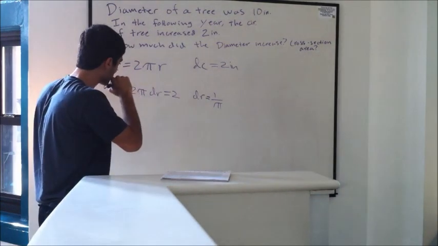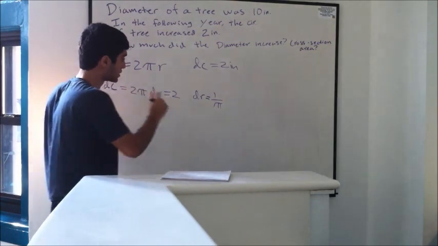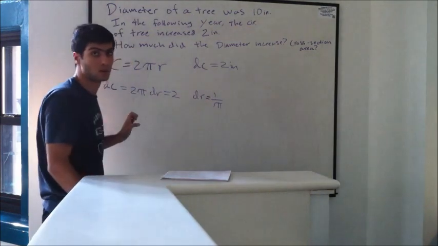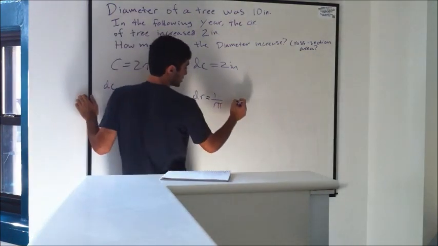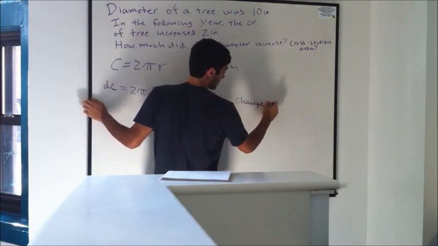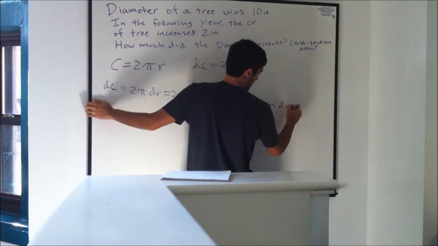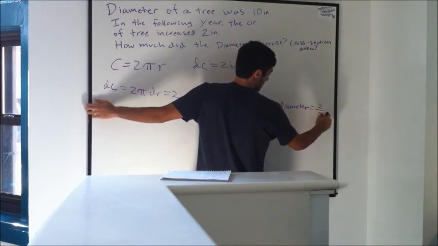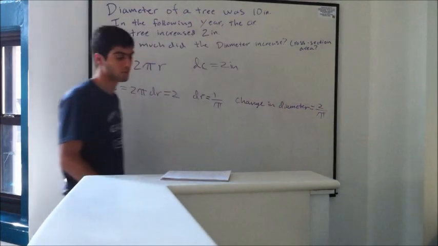So we know that our change in radius is 1 over pi. So our change in diameter is 2 over pi.